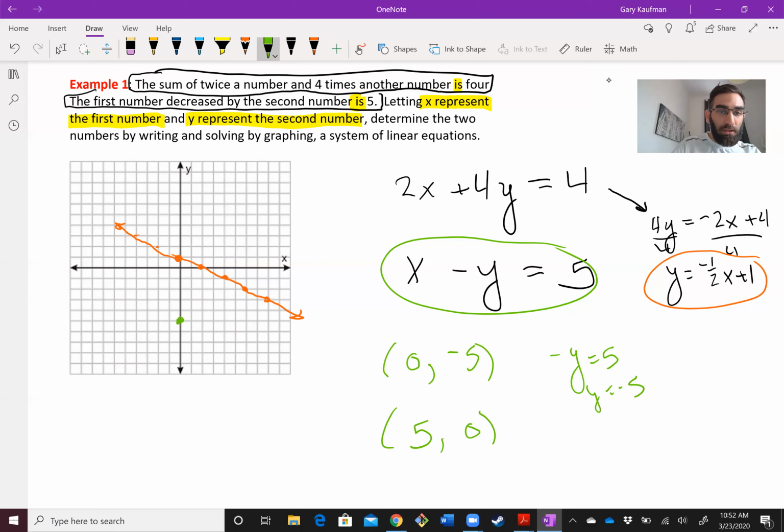And I see that this right here is my solution, and that is 4, negative 1. So what are my 2 numbers? The first one is 4, the next one is negative 1. Make sure you have this example in your notes before we move on to practice.